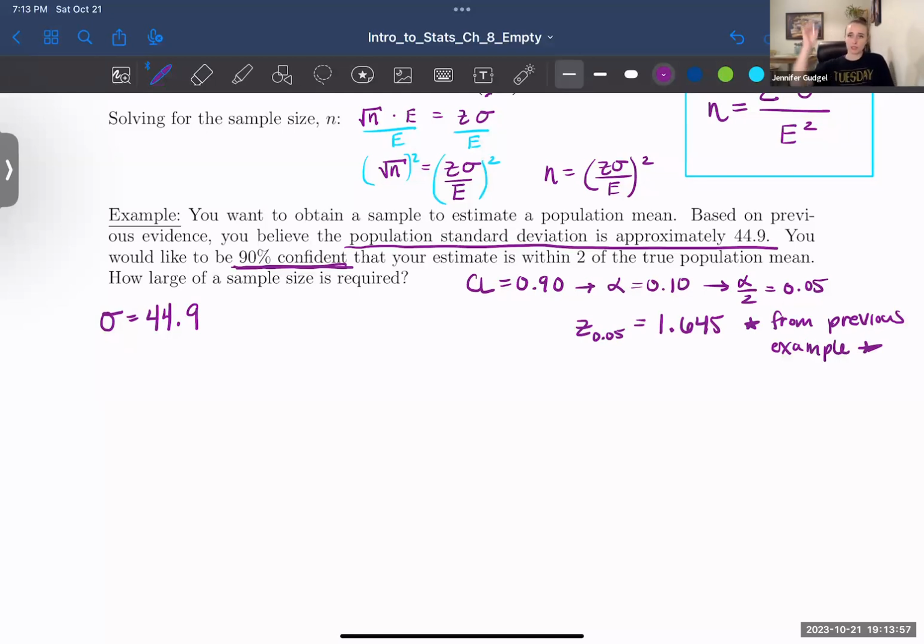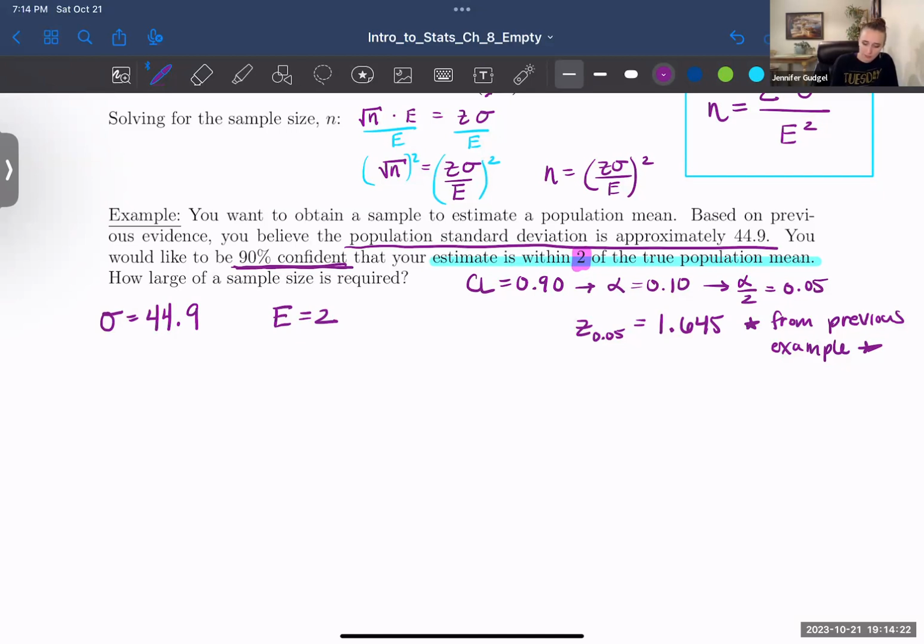And we want our estimate to be within 2 of the true population mean. That's what they want our error bound to be. Given this information, we want to know what is n.